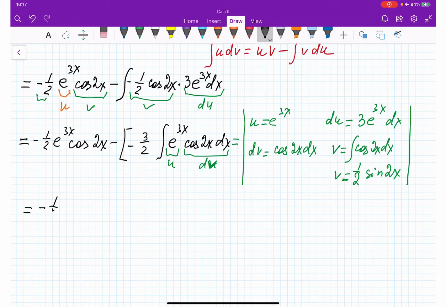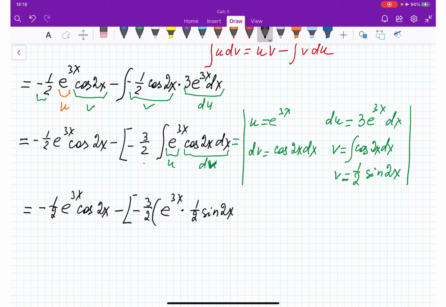So this is going to be equal to negative 1/2 e to power 3x cosine 2x, the first term stays the way it is, and then minus square bracket. I'm going to distribute this negative 3 over 2. Let's open up first. Negative 3 over 2 times u, which is e to power 3x, and v, which is 1/2 sine 2x.